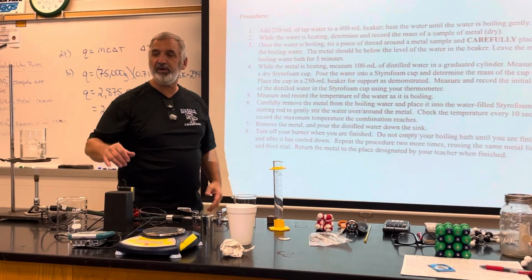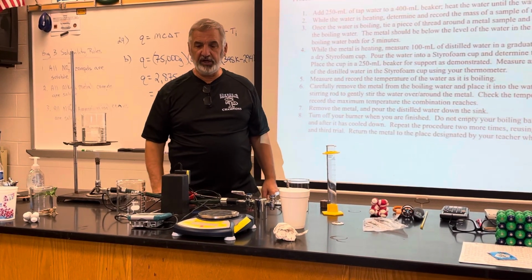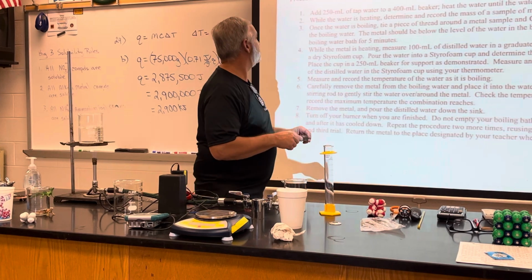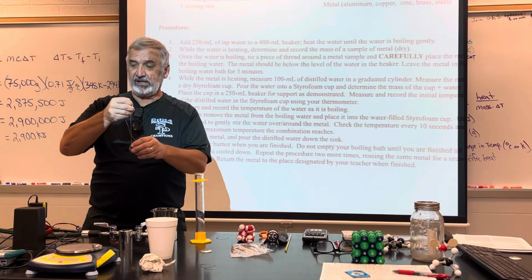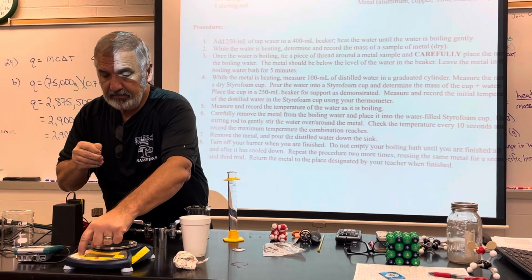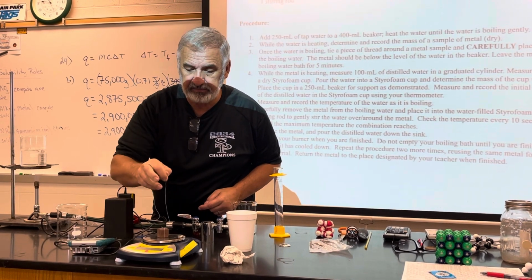We have a boiling water bath. It's now boiling. So what temperature is it in here? 100 degrees, right? Then it says, once the water is boiling, tie a piece of thread around a metal sample. First thing I need to do is weigh it. This is copper, so I'm going to weigh this.